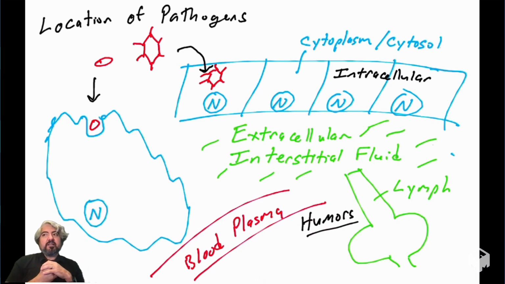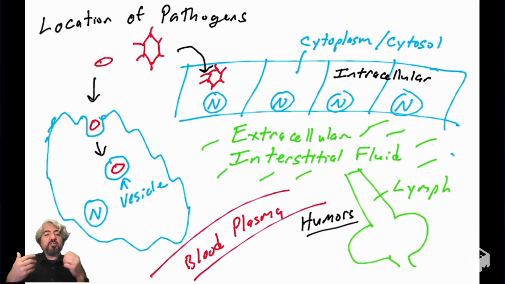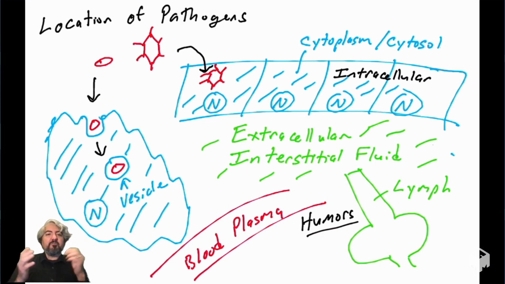Pathogens can also enter cells via the vesicular system. Cells take things in via vesicles. For example, a macrophage would take in a pathogen via phagocytosis, and a pathogen can end up inside a vesicle. Now, is that intracellular? Well, I guess the vesicle's inside the cell, but try to keep track of compartments and where things originated. Here I've sort of marked off where the liquid portion of the cell is, the cytoplasm or the cytosol.